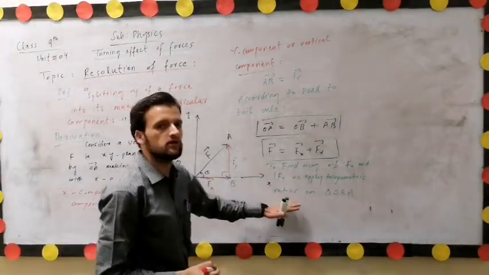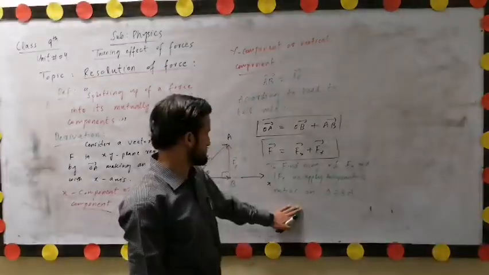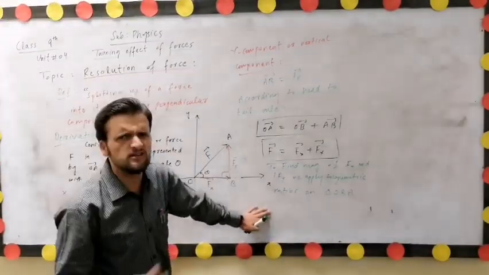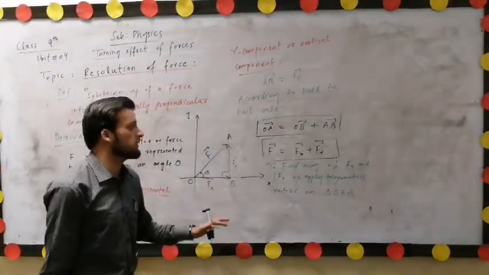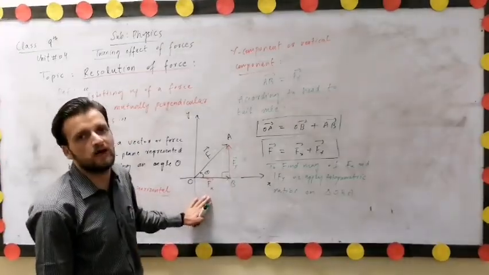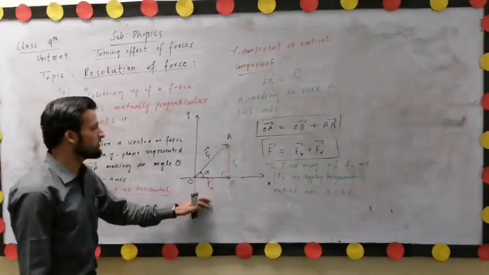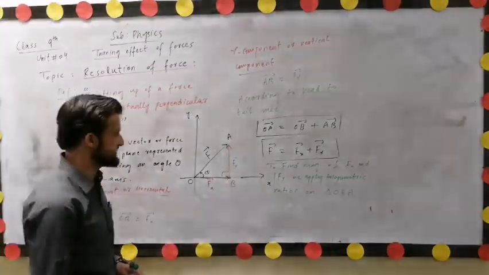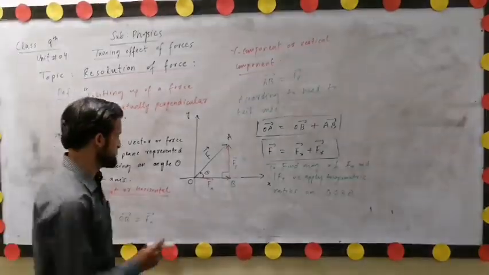Students, you may be familiar with trigonometric ratios from 9th mathematics and previous classes. Those are sine theta, cos theta, and tangent theta. Here we apply two ratios, sine theta and cos theta.